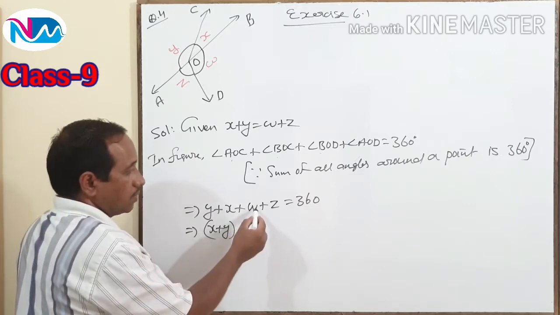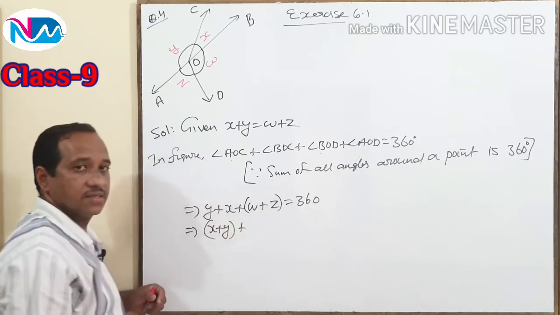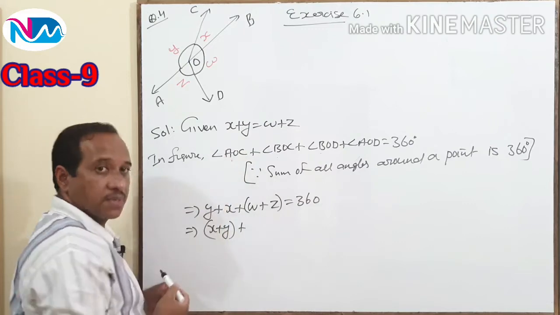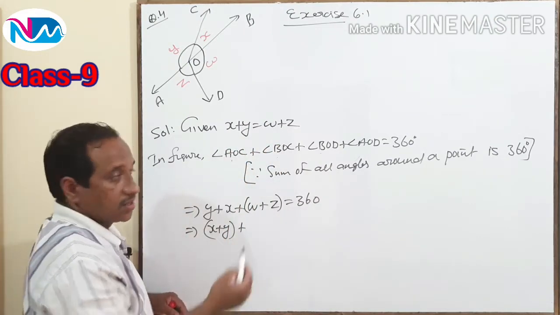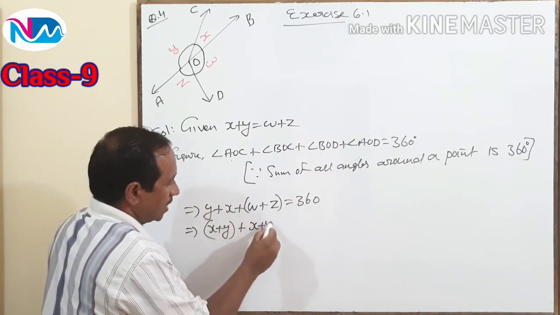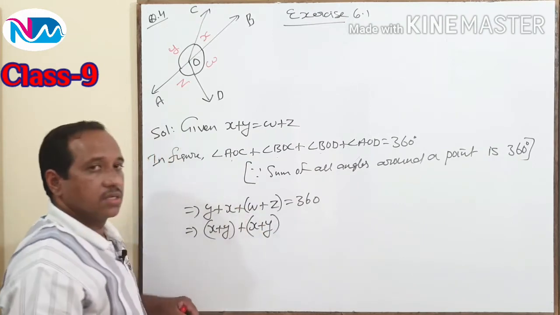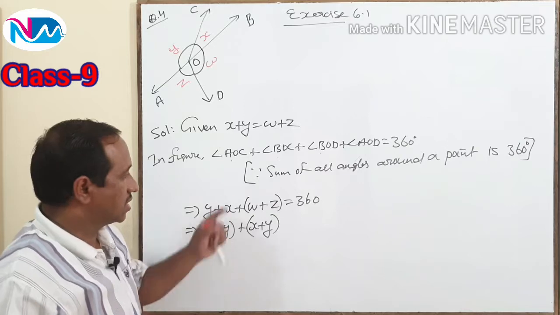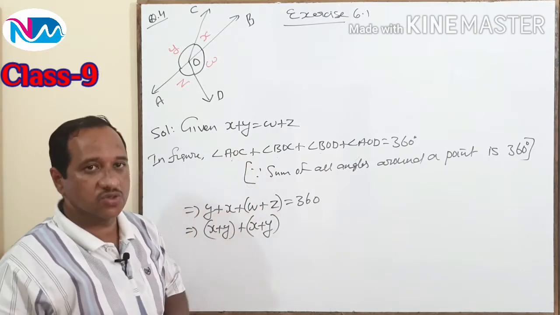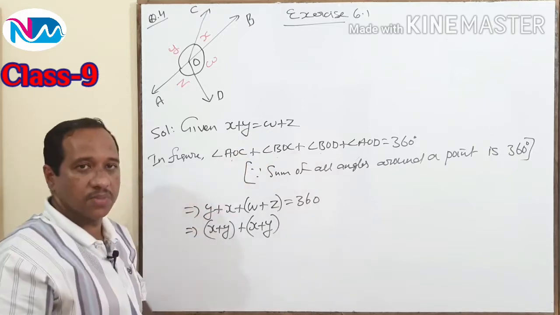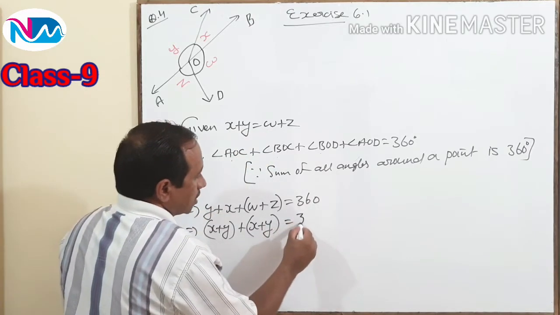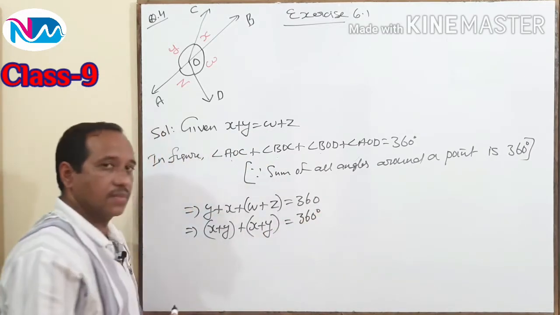So we can replace w plus z by x plus y, because it is given that x plus y is equal to w plus z. And it is equal to 360 degree.